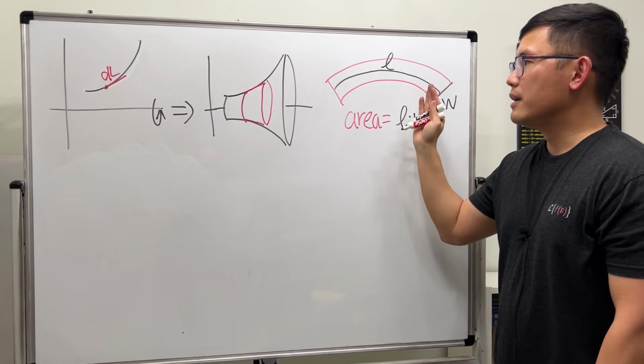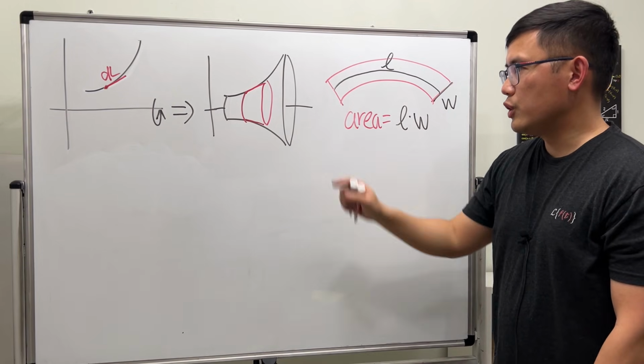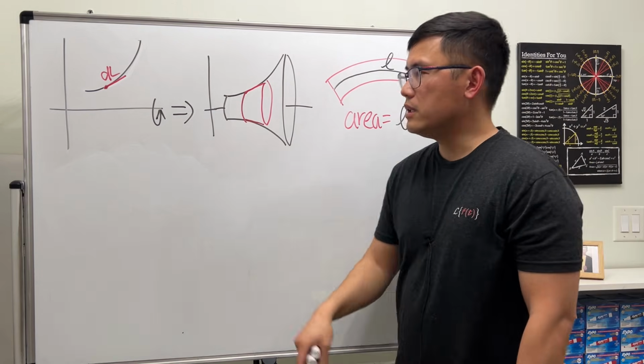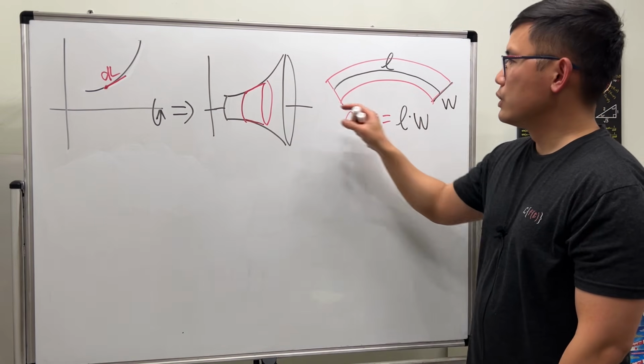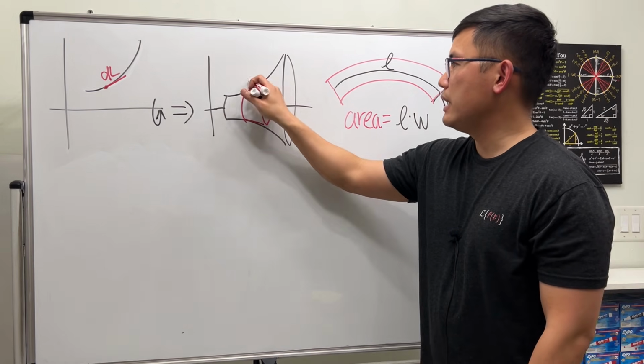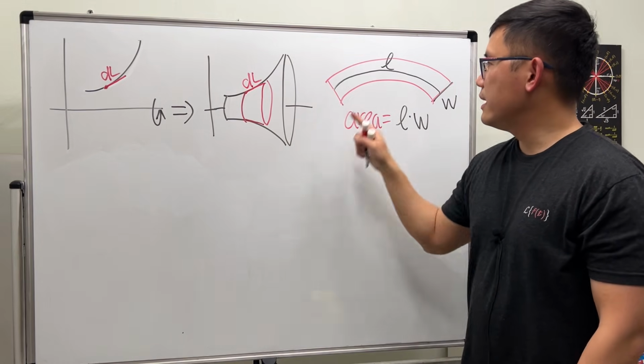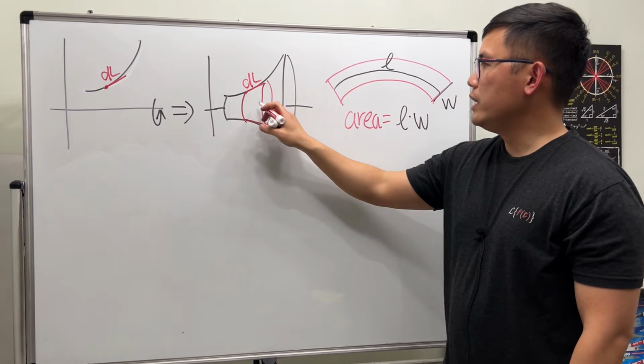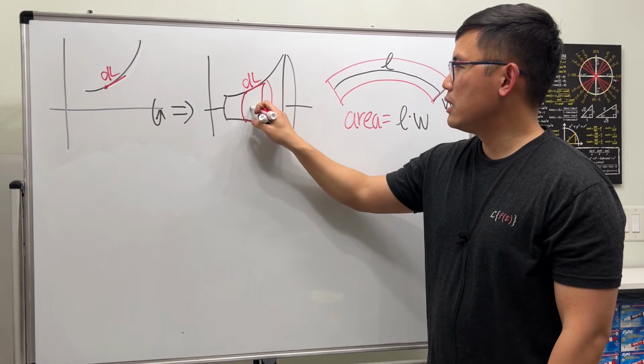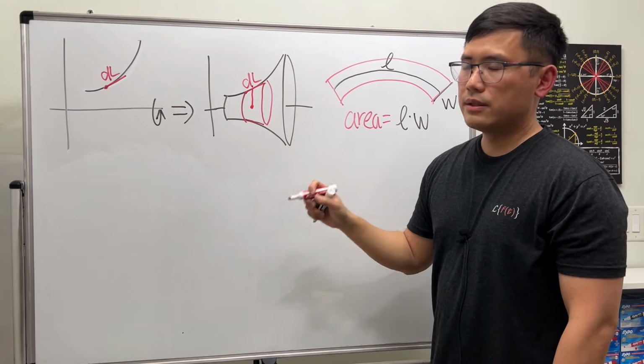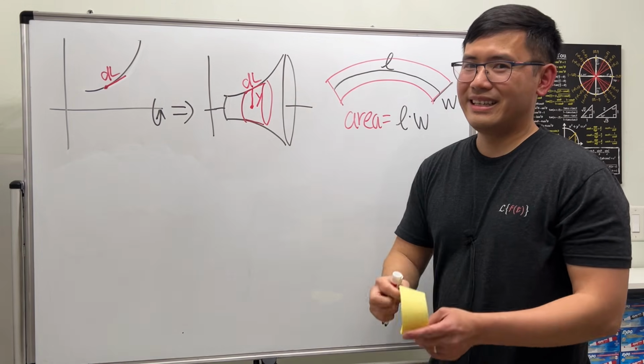You can try that. But anyway, let's continue with this. What we need is the width, which in our case is just the dL. And then the middle right here, we need to know the radius, which is the y.